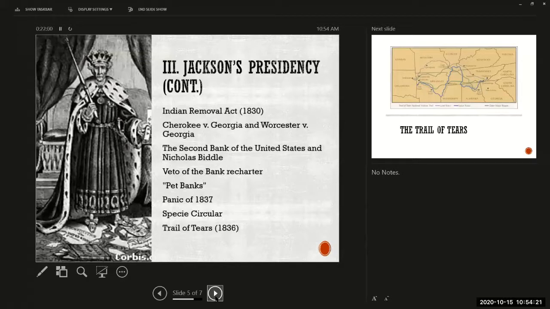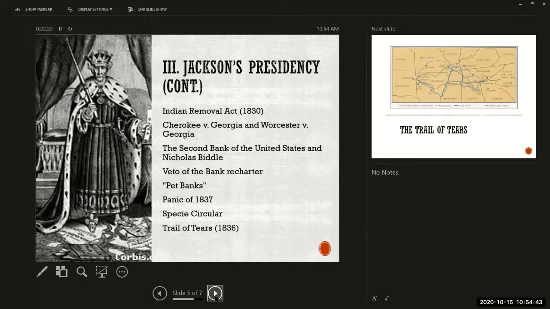Okay. So what is Jackson known for besides the nullification crisis? Well, one of the things he's best known for is the removal of Native Americans from the east side of the country to west of the Mississippi.